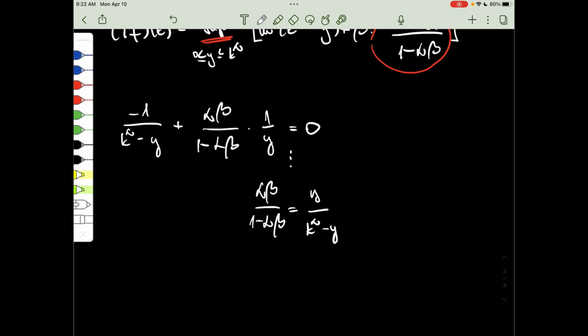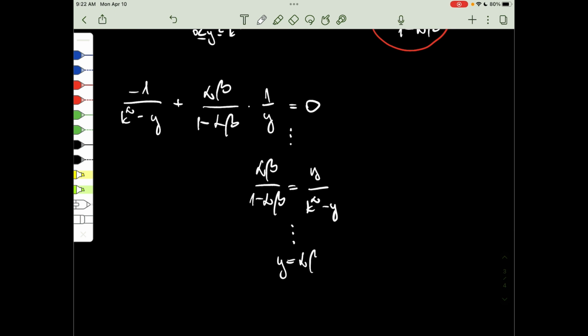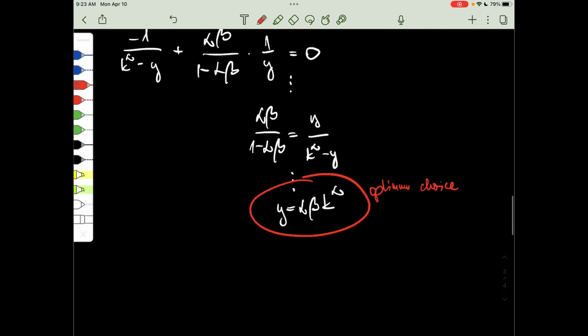And in the end, after a few steps, we will have this policy function. This is the optimum choice by the first order condition we gained from the functional equation.